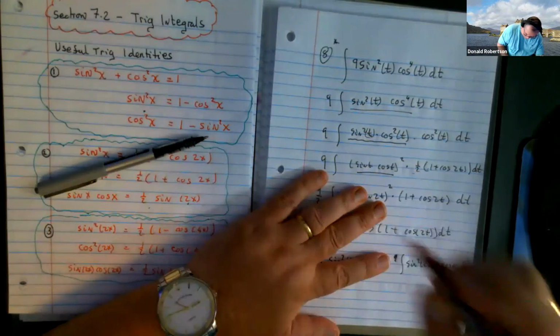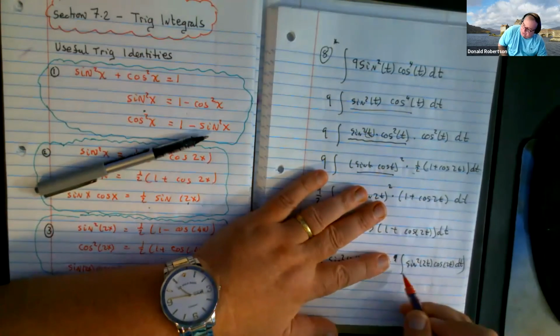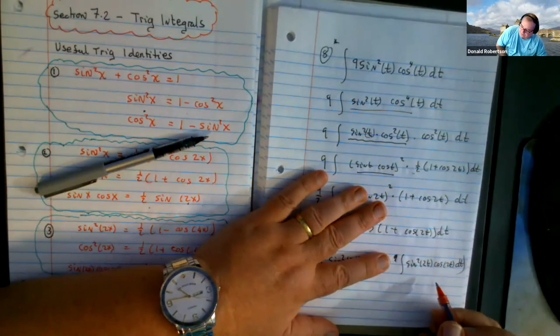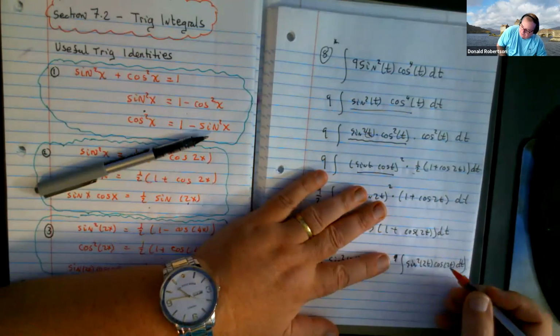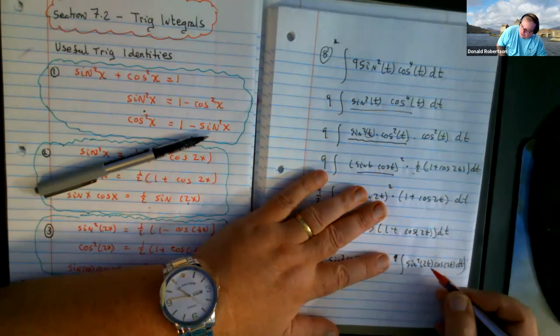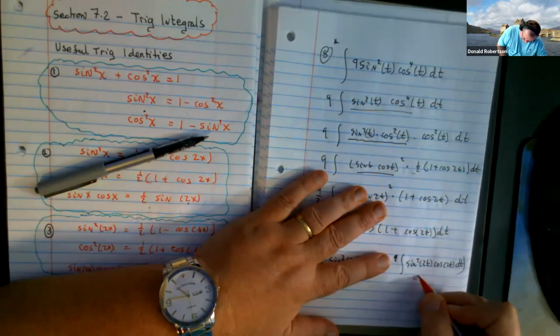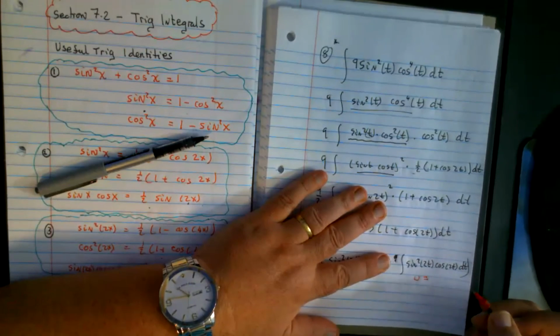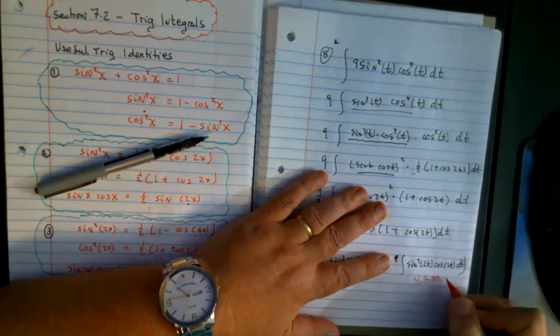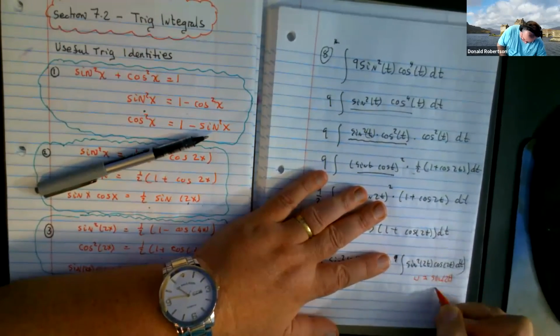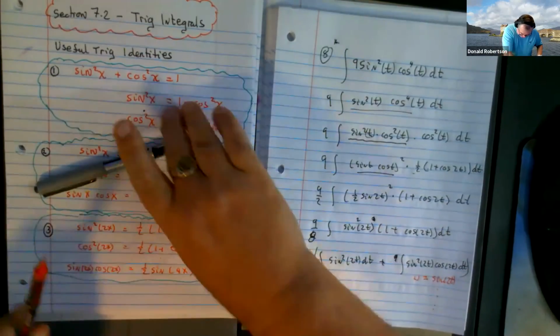What u sub would get me this fella? What u sub could I use to integrate this one? Would you use sine of 2t? Correct. And can I just say you'll have to finish that yourself because we don't have time.